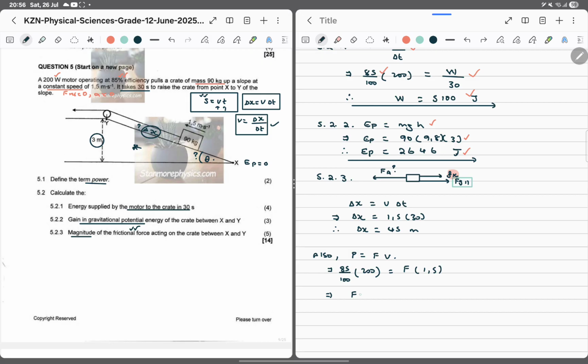Anyway, we can say therefore FA is equal to 85 divided by 100 times 200, it's 170, divided by 1,5.